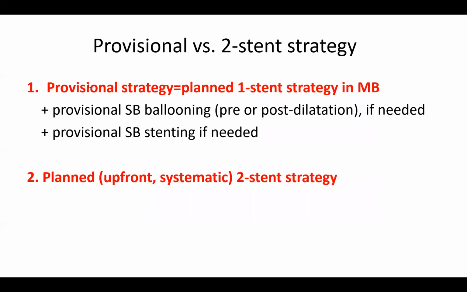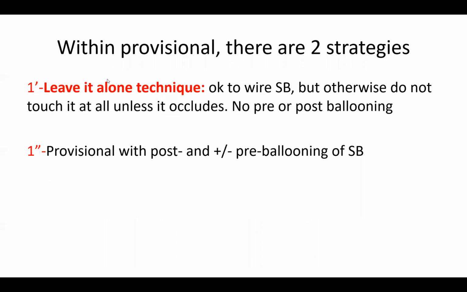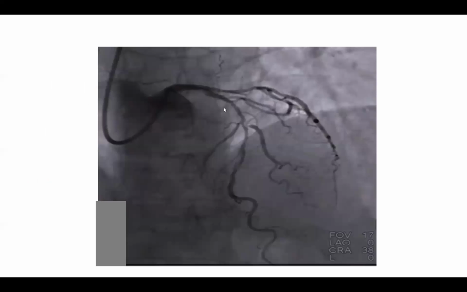Importantly, not much talked about, within the first strategy, the provisional strategy, there are two sub-approaches. One is what we call the leave it alone technique, meaning you don't touch it. You can put a wire in it to protect it, but you don't plan on pre-ballooning it nor post-ballooning it unless it occludes. So you really do your best to absolutely not touch it, except wire it and no ballooning.